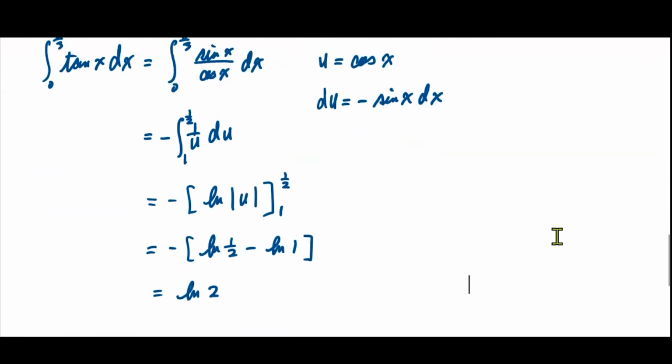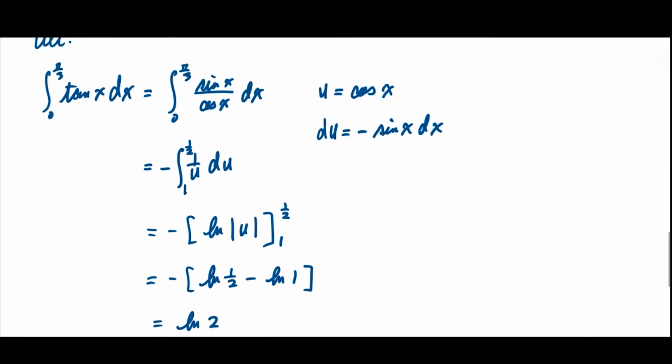Okay. Now, terminology. This is known officially as change of variable. More professors will say change of variable in integration. But our book calls it substitution, integration by substitution, because we make a substitution right here.